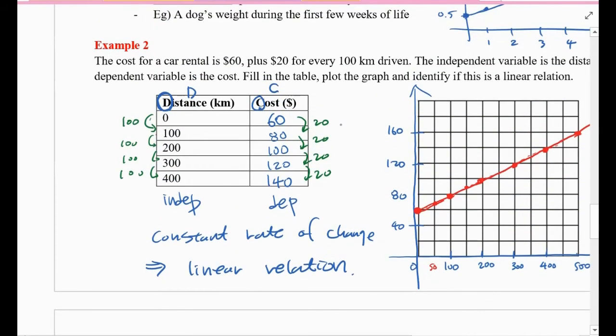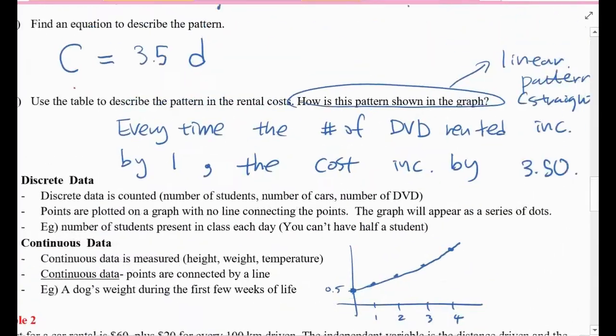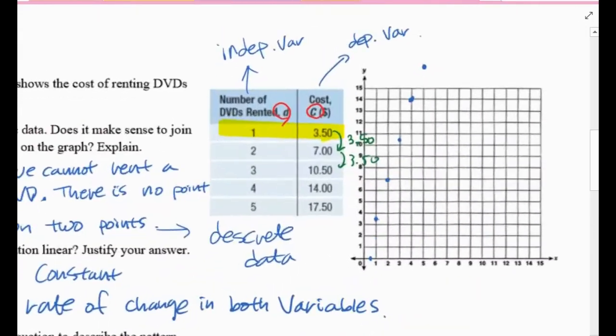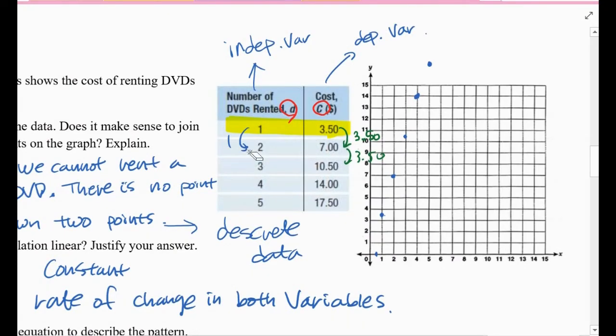You don't write 20 because the distance is 100. The independent variable is increased by 100. So before this was increased by 1. So it was okay to use this number itself because the rate of change is 3.5 over 1. 3.5 over 1 is just 3.5.